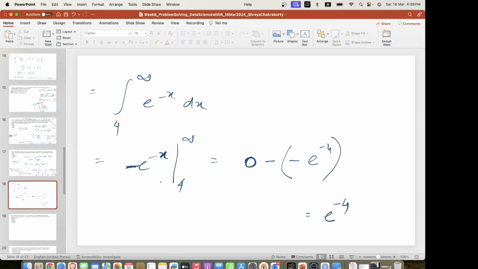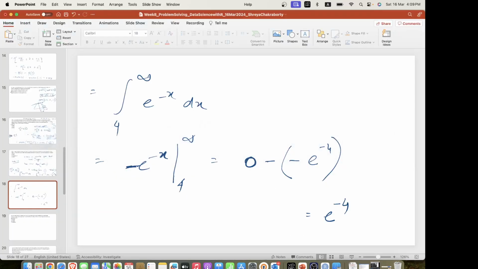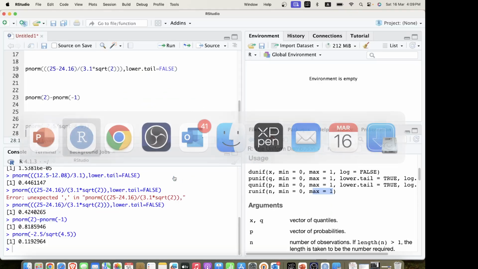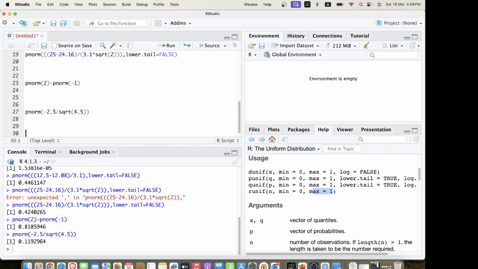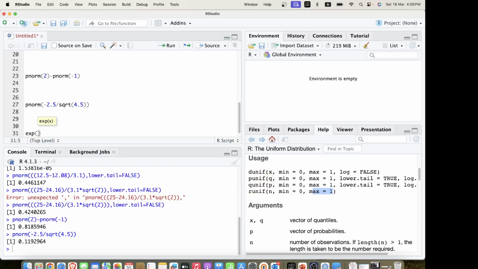Okay. So we could write this like exp of minus 4.